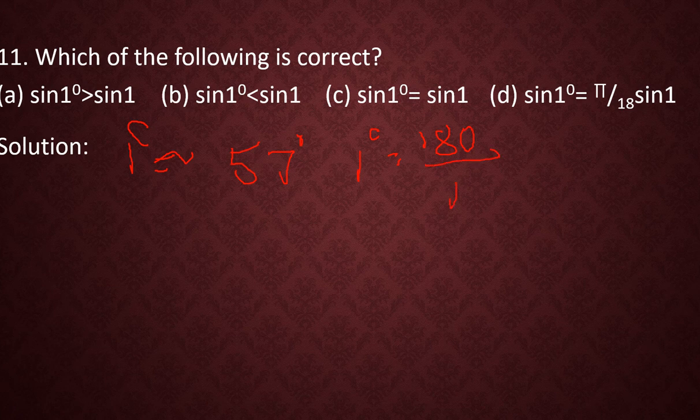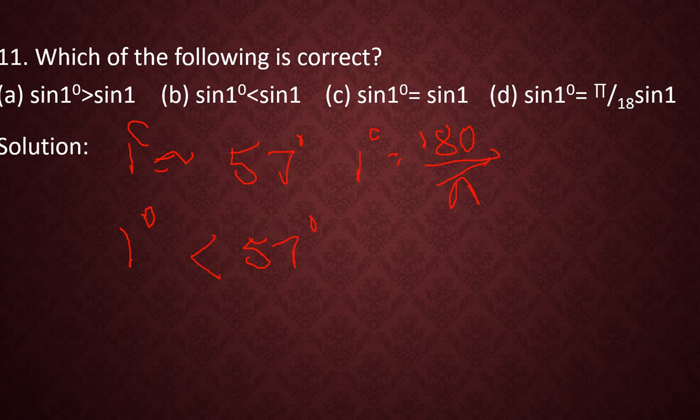If we substitute the value of pi as 22 by 7, after simplification this is nearly 57 degree. So 1 radian is equal to this. Therefore, if I compare 1 degree and 57 degree, 1 degree is less than 57 degree.